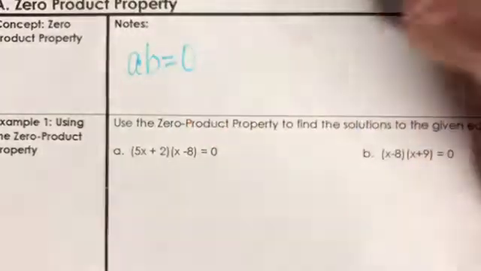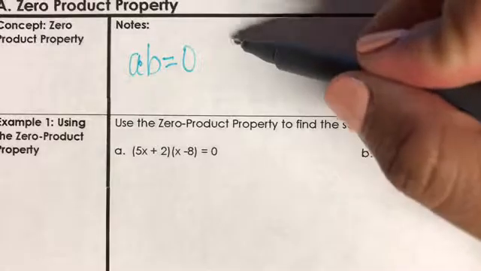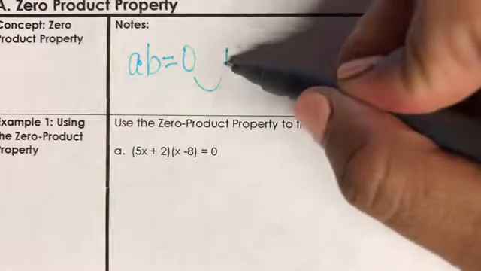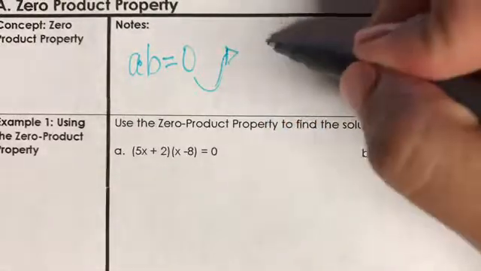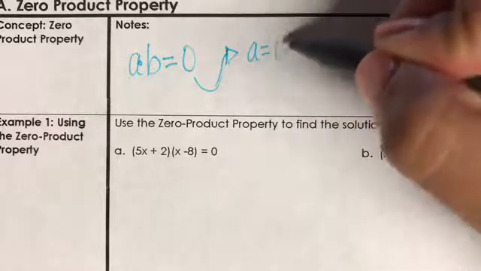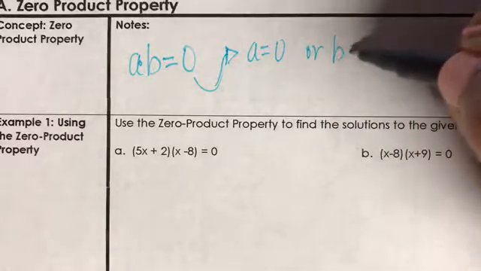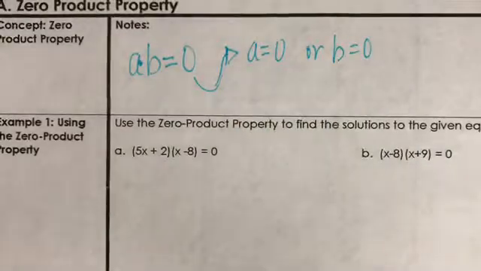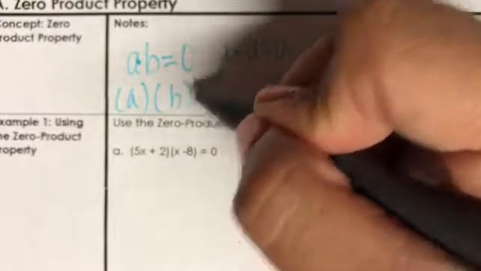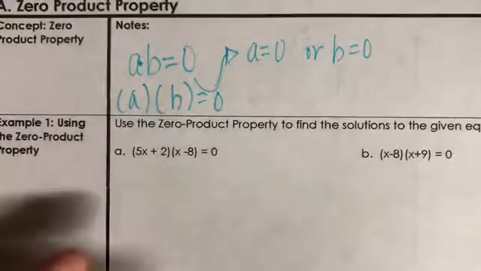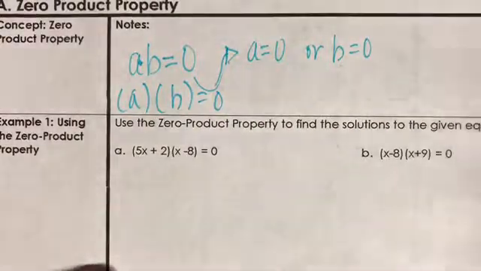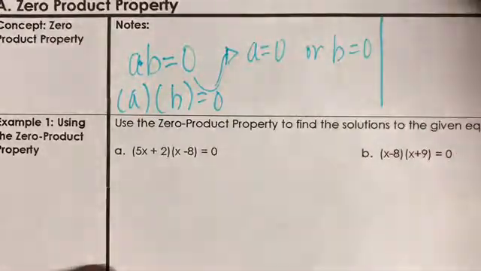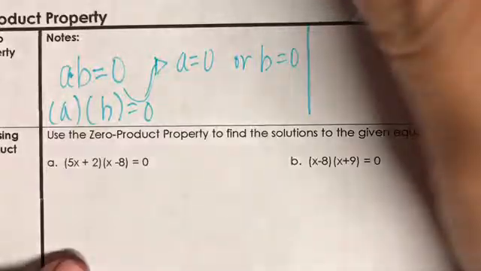Now this operation is multiplication, so you can say that A is equal to 0 or that B is equal to 0. And you can only do this when you have multiplication. So it's almost like saying A times B equals 0. That'll help us when we're looking for our solutions. The zero product property is something you're going to use to find your solutions.